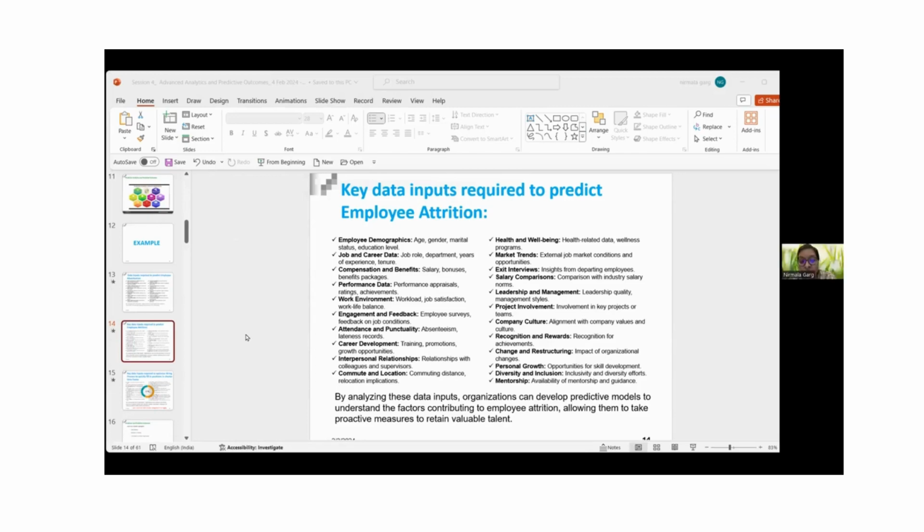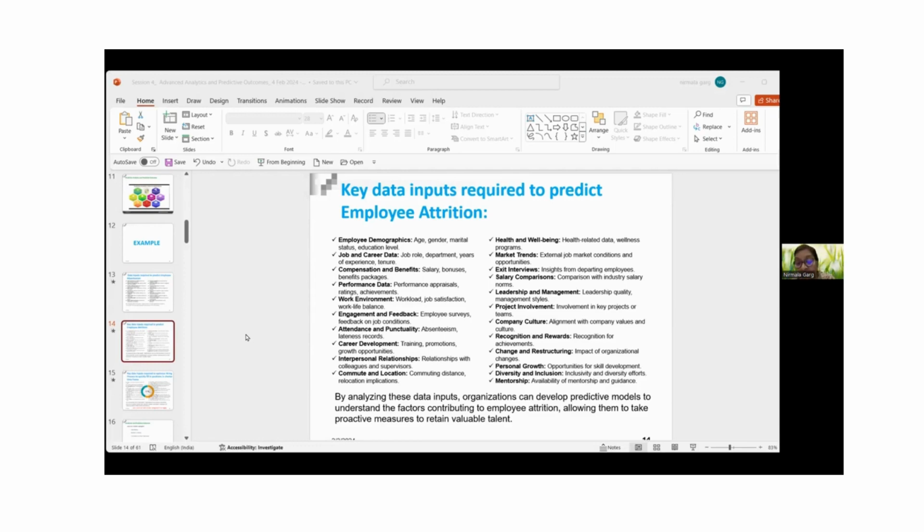Likewise, you can also predict employee attrition by looking at compensation and benefit data, performance data, work environment, company culture, recognition and rewards. In most organizations they have this R&R, personal growth, and growth plans being communicated to employees. Then you have mentorship.